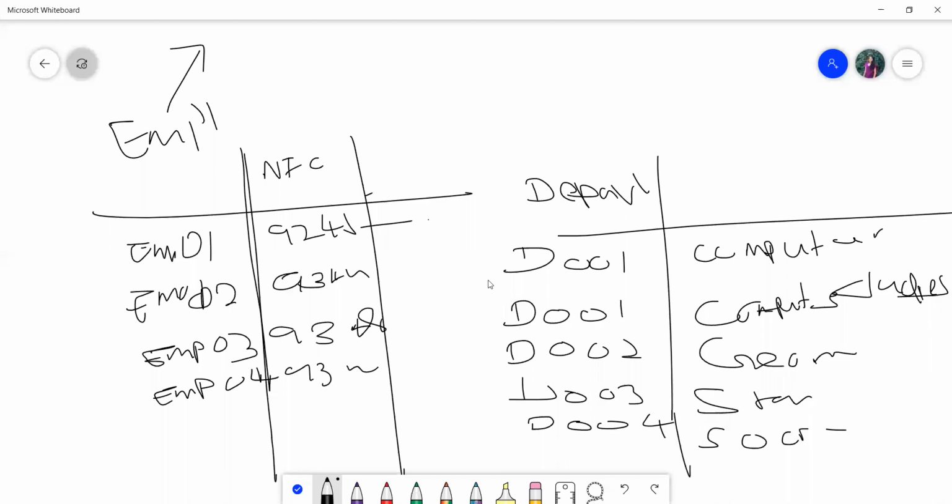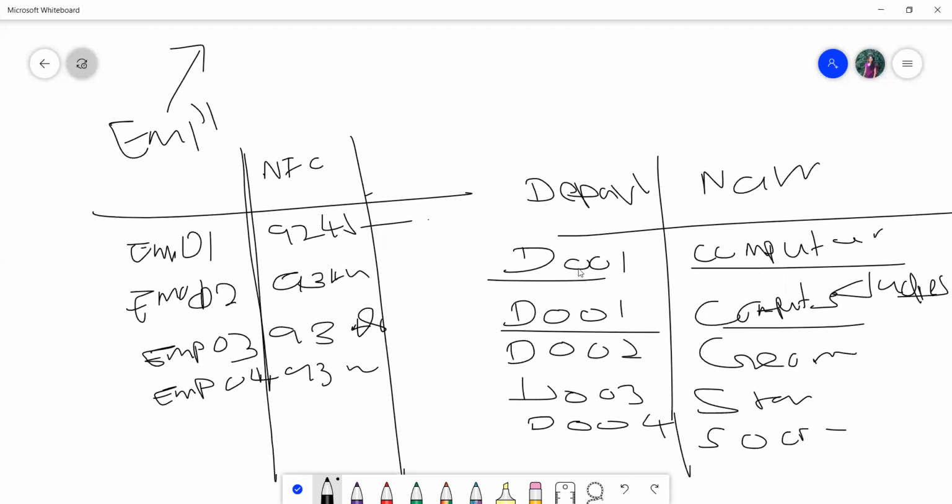Now you can see the same department number, but there are different names. So at that time, can we select this as a primary key? No, we can't consider this as a primary key.